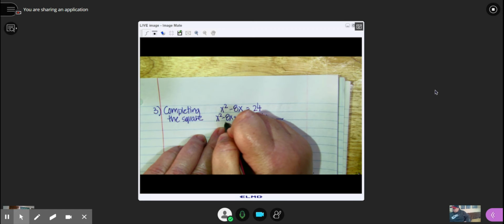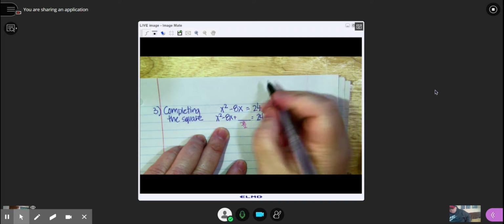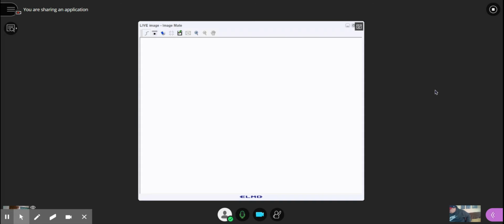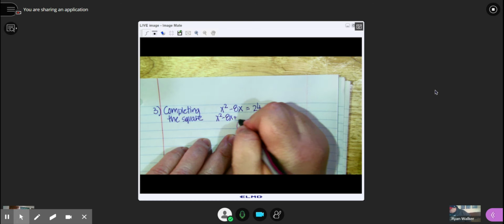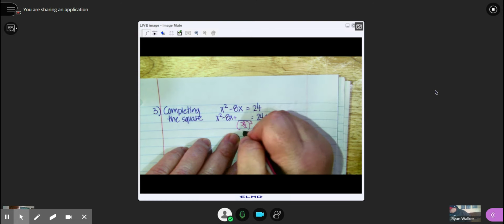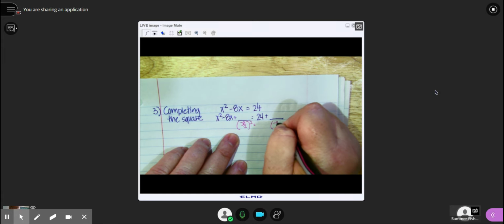We're going to take this b term, so we're going to do negative 8. We're going to divide it by 2, and then we're going to square it. And what we add on the left side, we have to add on the right side.